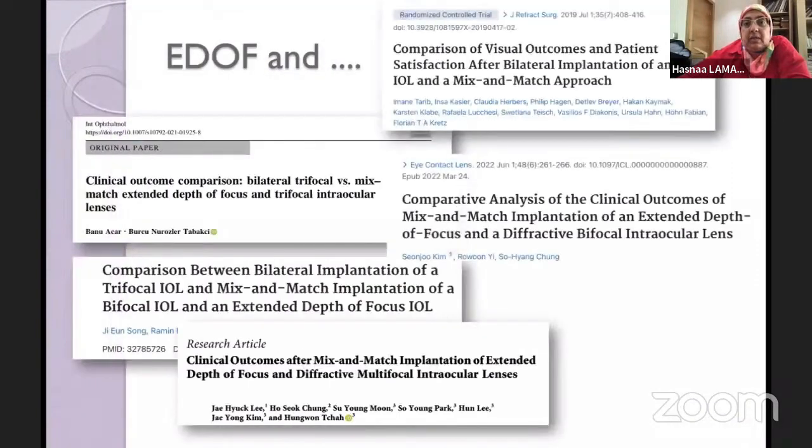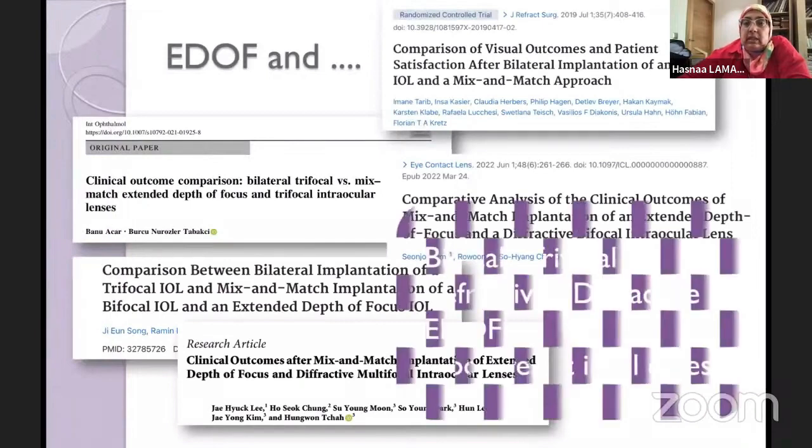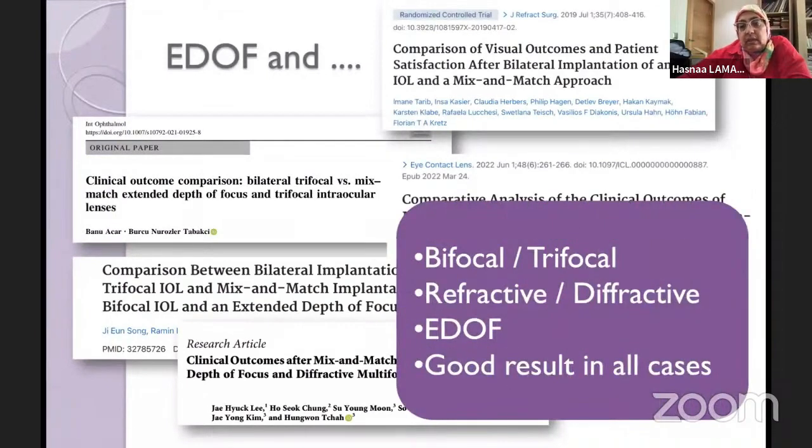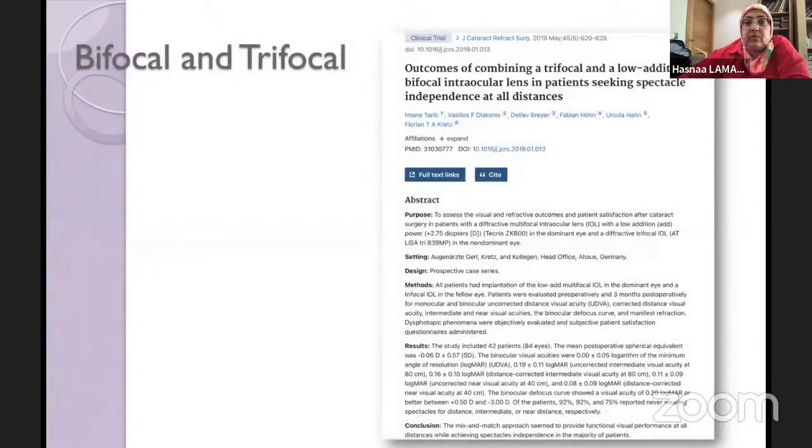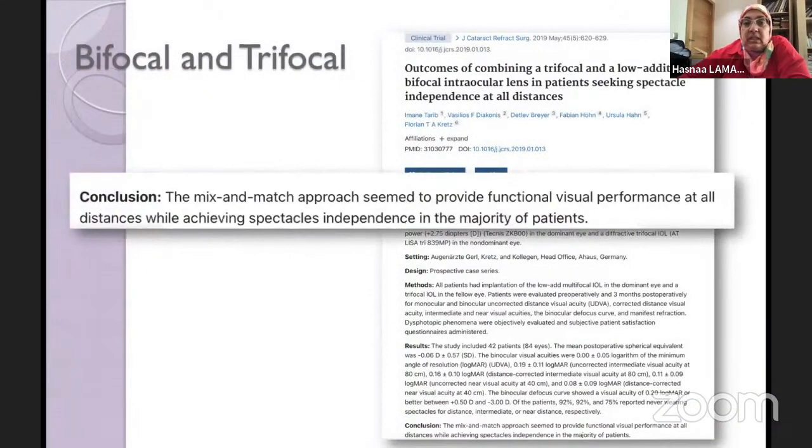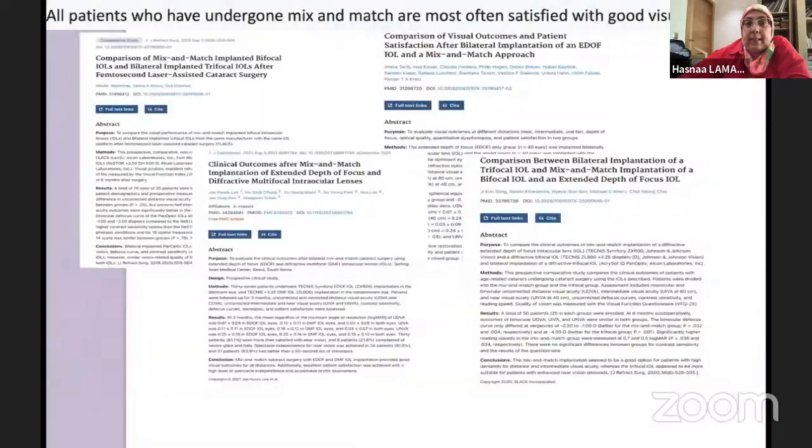EDOF can be combined with all IOLs, bifocal, trifocal, refractive, diffractive, and other EDOF, with good results in all cases. Bifocal and trifocal provide functional visual performance at all distances and spectacle independence.